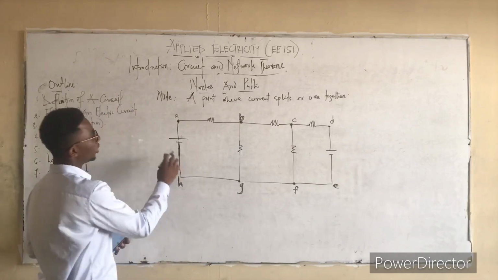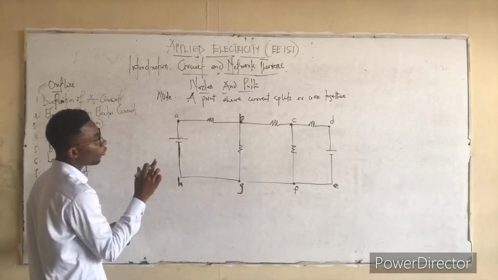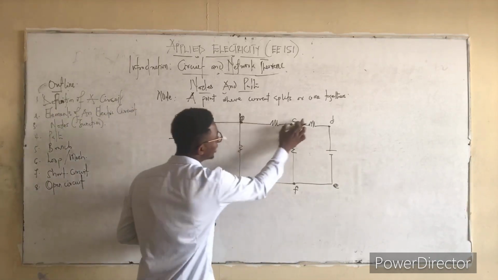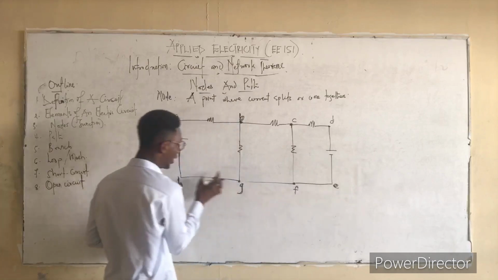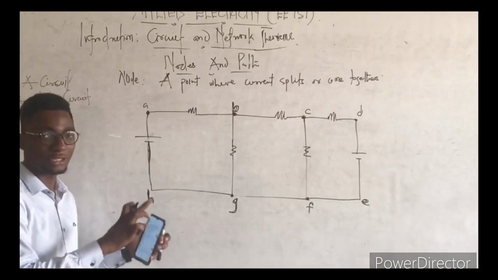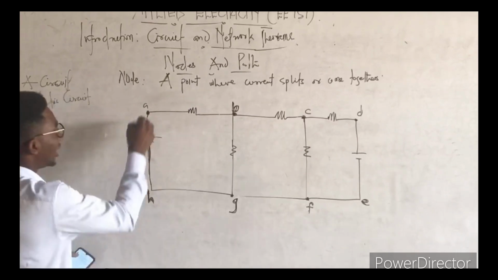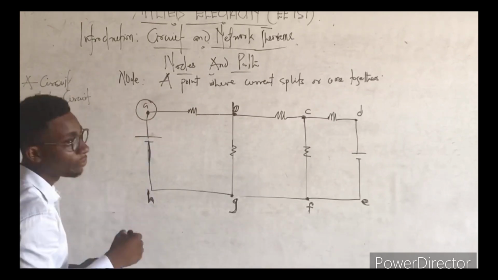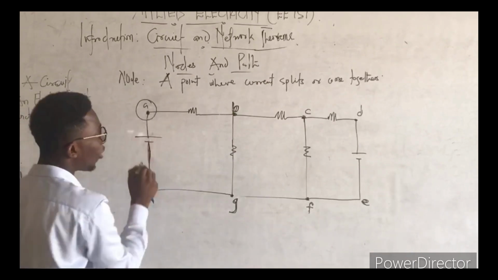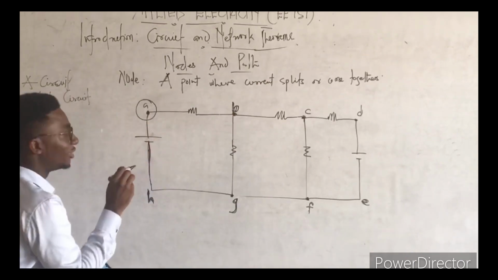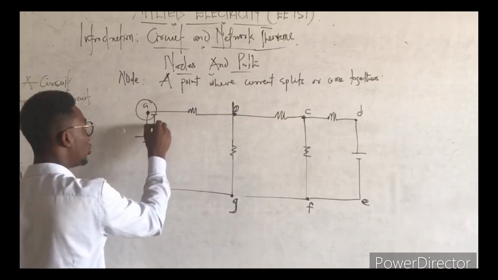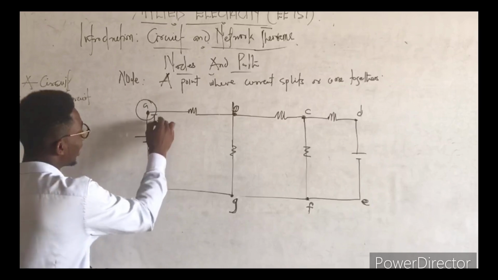Now, when you check this electric circuit, points on it are about 8. That is A, B, C, D, E, F, G, and H. But not all these points can be classified as a node. When we take A, for example, A cannot be a node because there's no current split or current coming together in A. Let's assume the current that passes through A is I1.